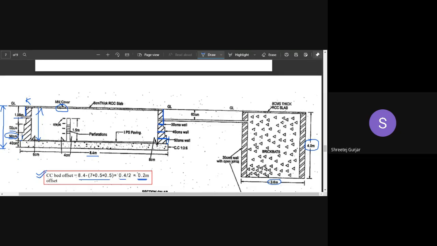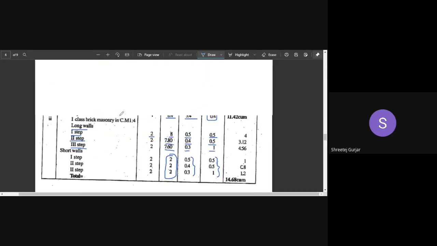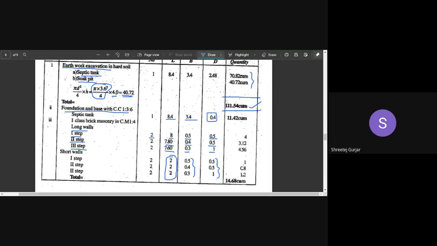If you have any doubts regarding any of the calculations, please let me know. Is it clear, guys? Or should I explain anything once more? You can type in chat, or you can talk and let me know. Shall I move on to the next numerical?